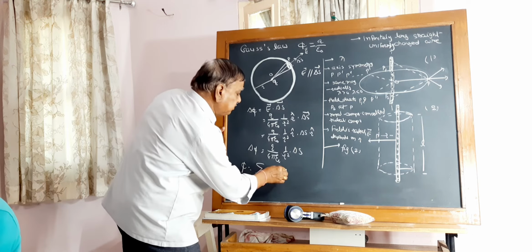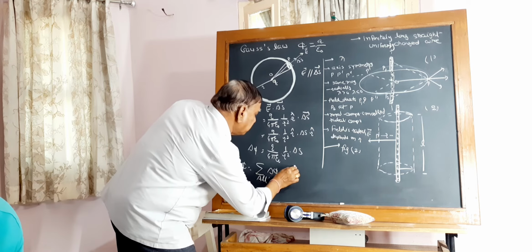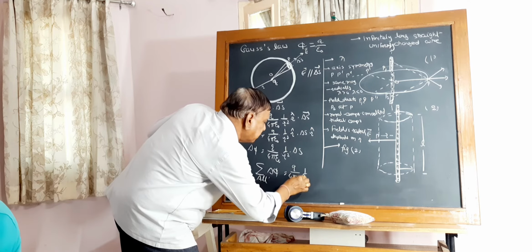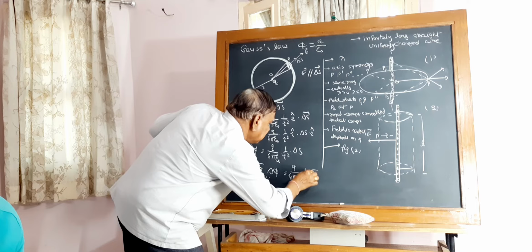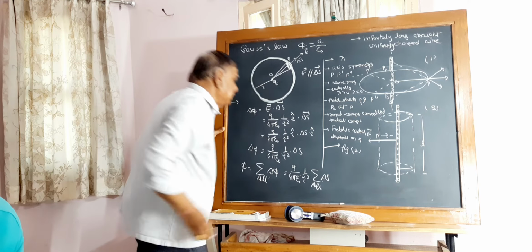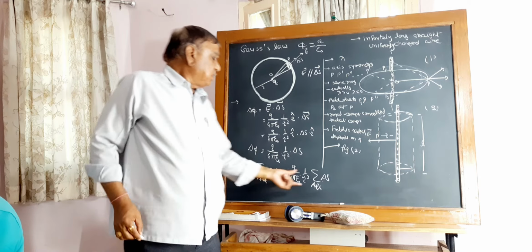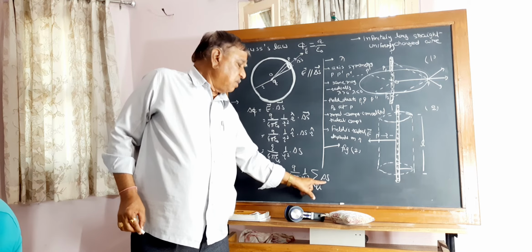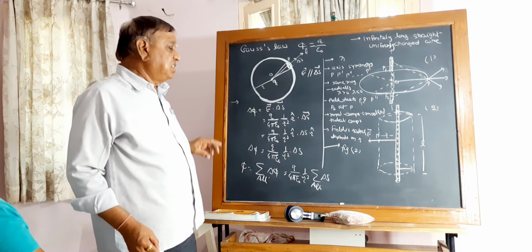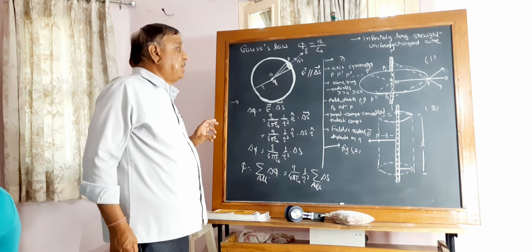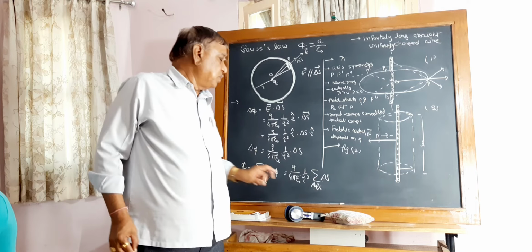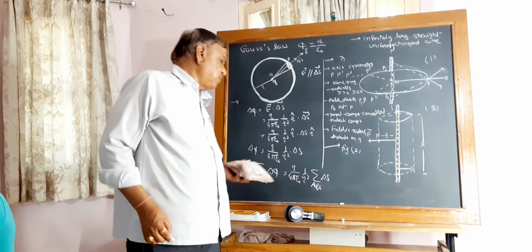So we can write q upon 4 pi epsilon 0, 1 upon r square, sigma for all elements of delta S. But sigma of delta S for all elements is nothing but the area of the spherical surface, which is 4 pi r square.